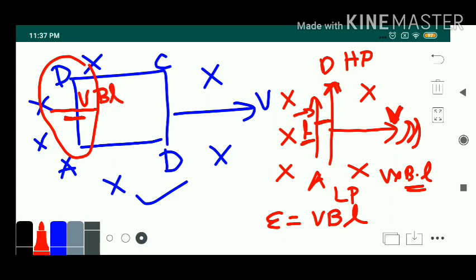Similarly, CD is just like AD, so CD can also be replaced by a cell like this, VBL. Now, what is the case of the rod section, that is DC?